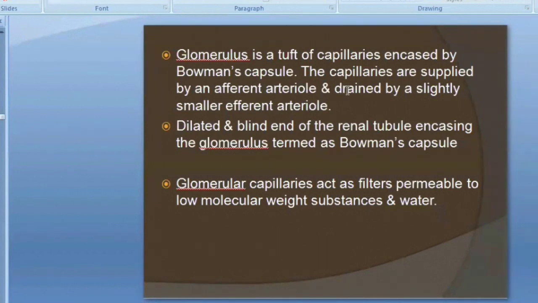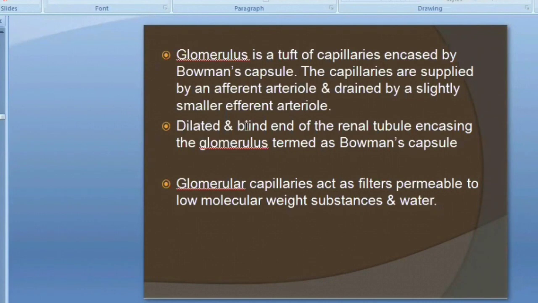Afferent means the blood entering into the glomerulus, and in the glomerulus filtration takes place. Only a few percent, only 1/5 of the blood is filtered, and the rest, 4/5, passes through the efferent arteriole. This happens generally. This could vary.